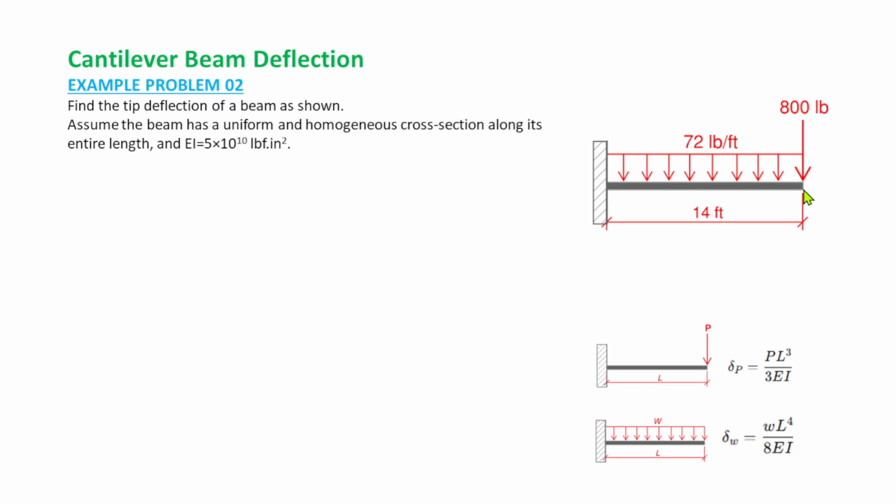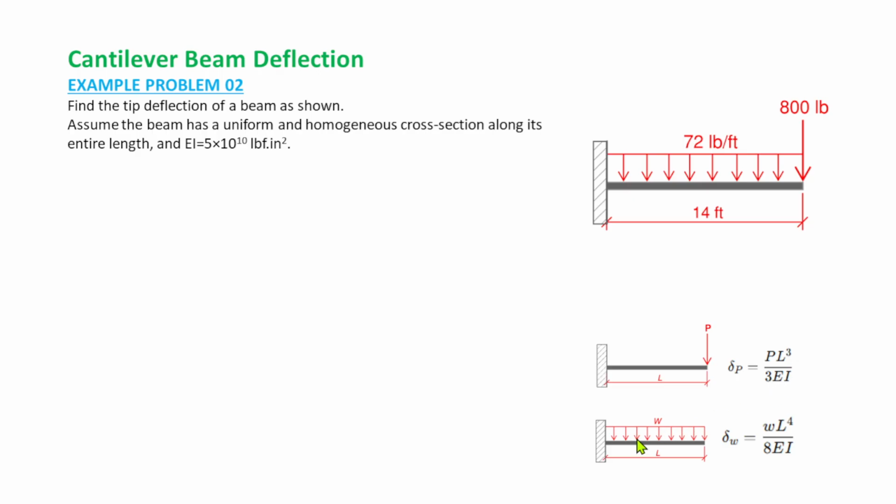So we have here the formula, because the deflection at the tip is at one location at the end, so the maximum deflection is at the tip of the beam. If we separate the load P, the formula of maximum deflection when the cantilever beam is loaded with the concentrated load P is PL cube over 3EI.